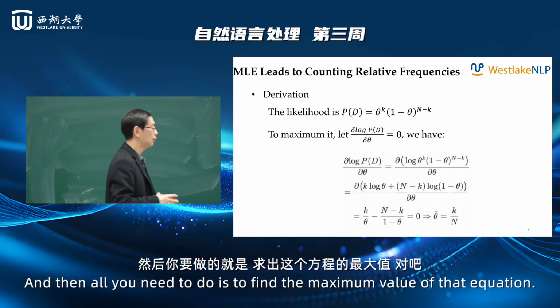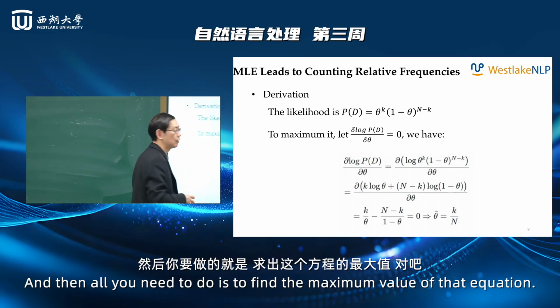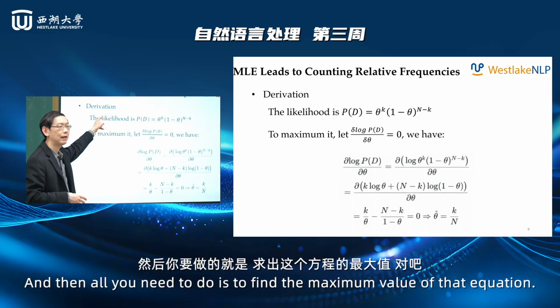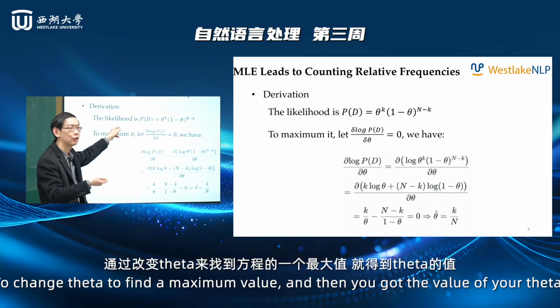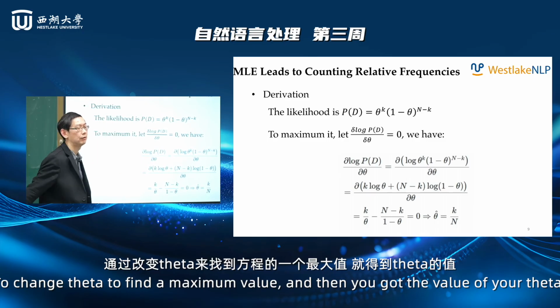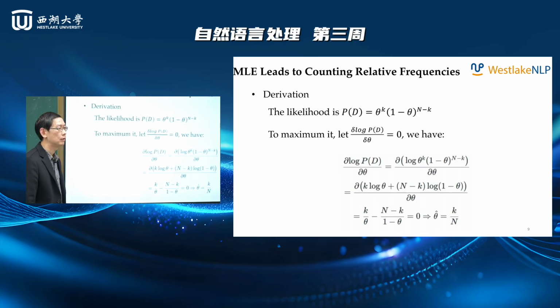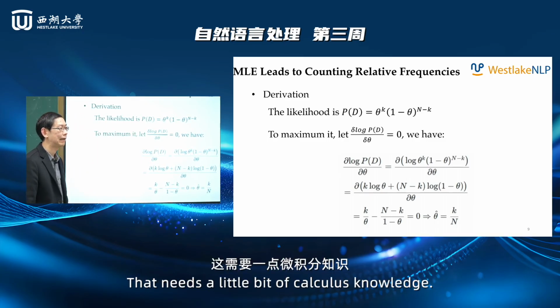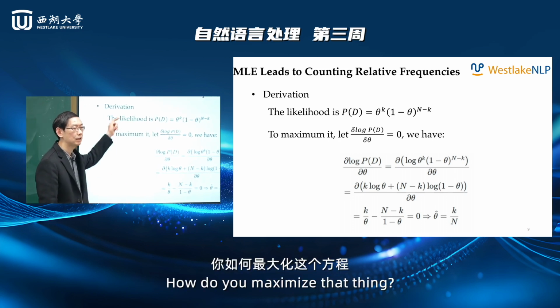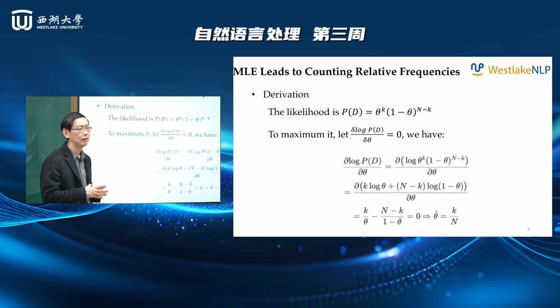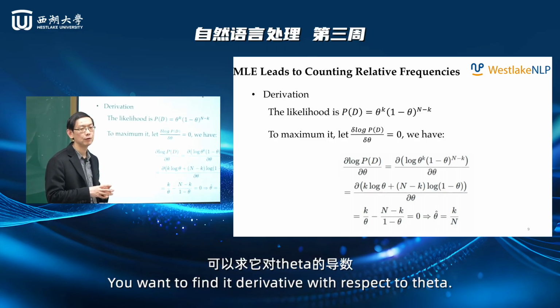And then all you need to do is to find the maximum value of that equation, changing theta to find the maximum, and then you get the value of your theta. That needs a little bit of calculus knowledge. How do you maximize that thing? You want to find its derivative with respect to theta.